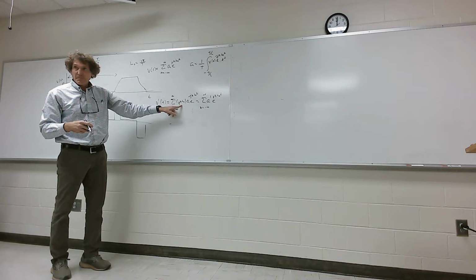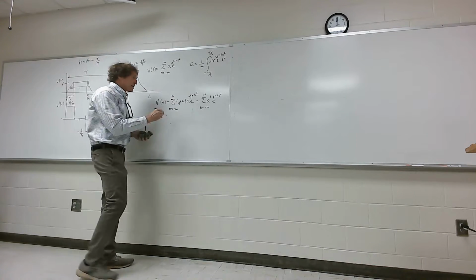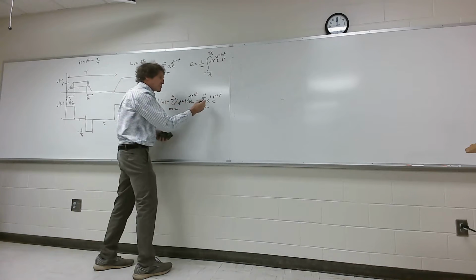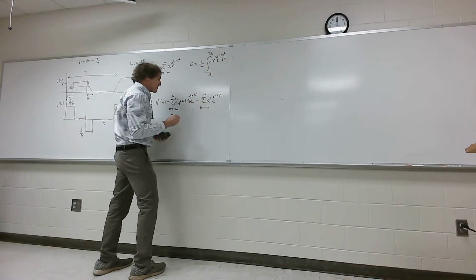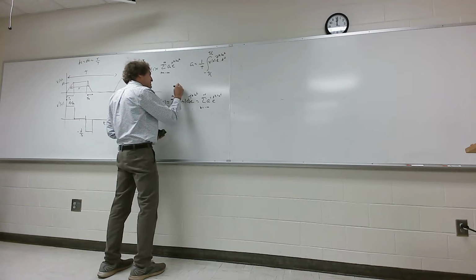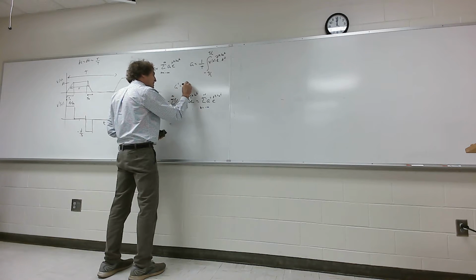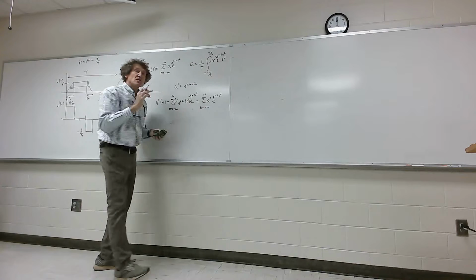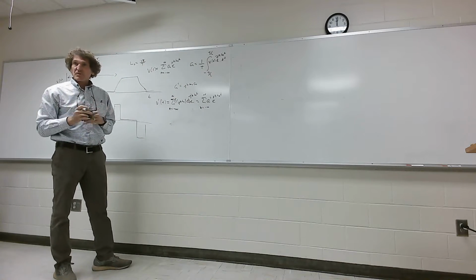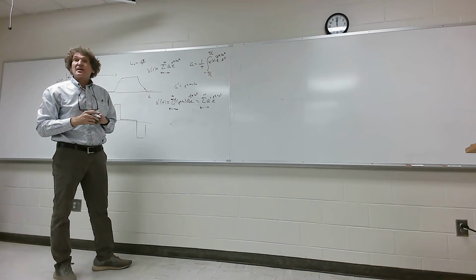Now, that is a simple coefficient that I'm calling c of n prime, where c of n prime is really jn omega naught times c of n. My real goal here is to get c of n, but I'm going to work at it by doing derivatives rather than integrations.